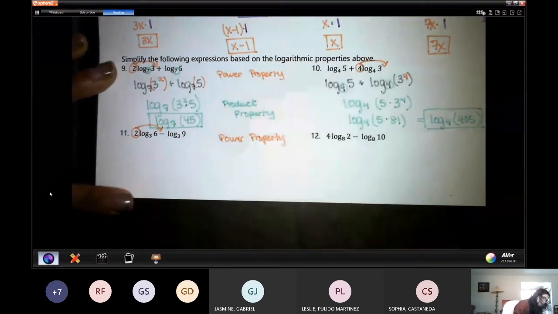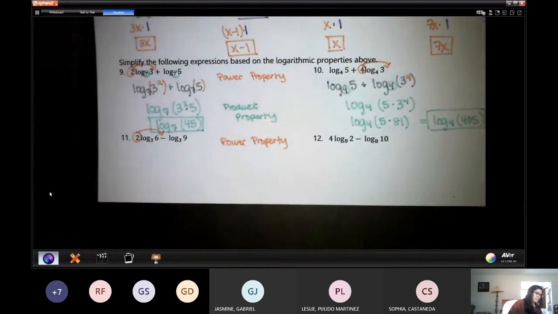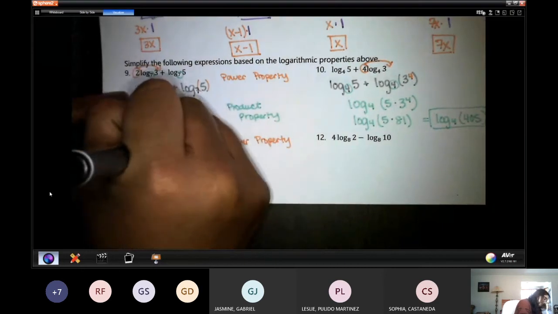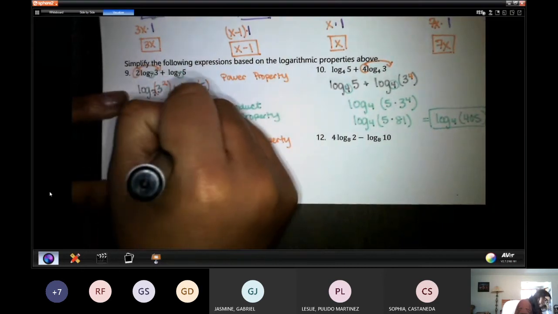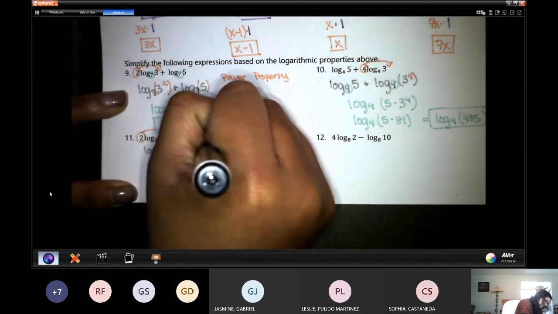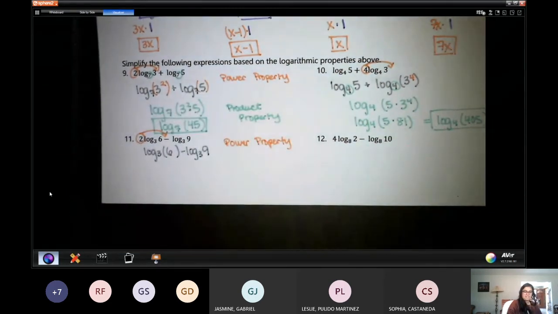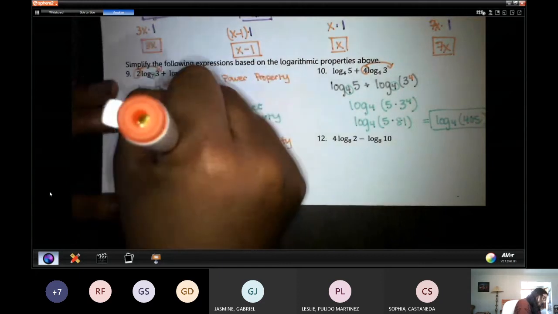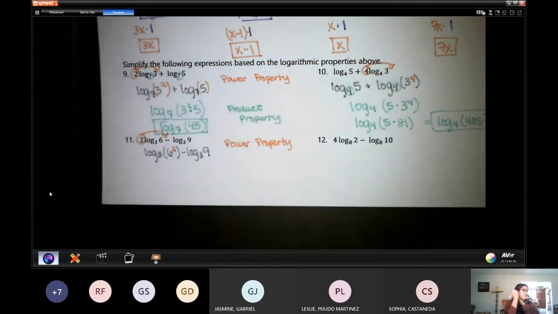All right, and once we do the power property, we're going to rewrite. So we get log base 3 of 6 to the 2nd power, minus log base 3 of 9. Good. And from here, we would rewrite that with the quotient property this time.